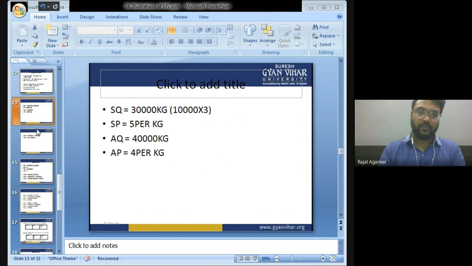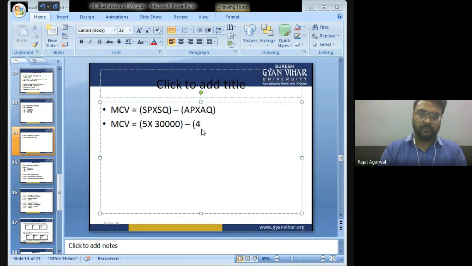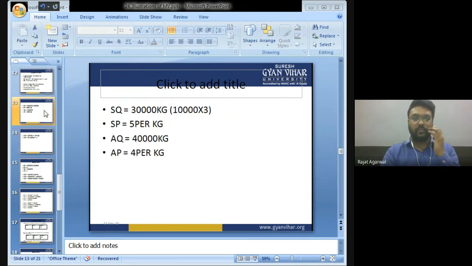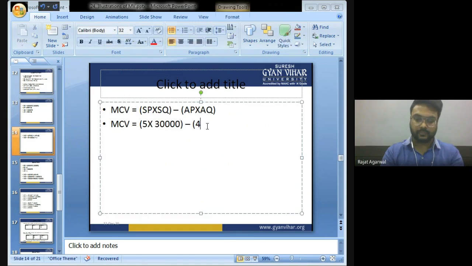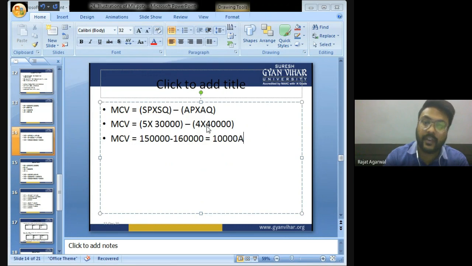Actual price is 4, actual quantity is 40,000 kg. 30,000 into 5 is 1,50,000. 40,000 into 4 is 1,60,000. The answer is coming in negative, so it means 10,000 adverse.